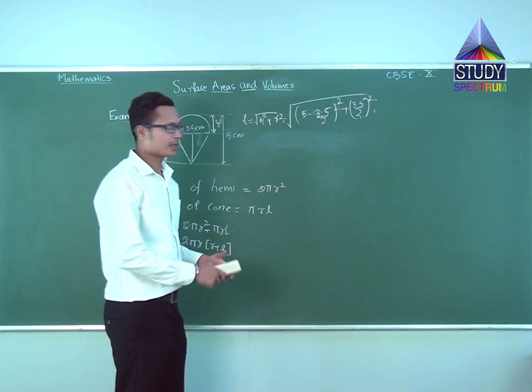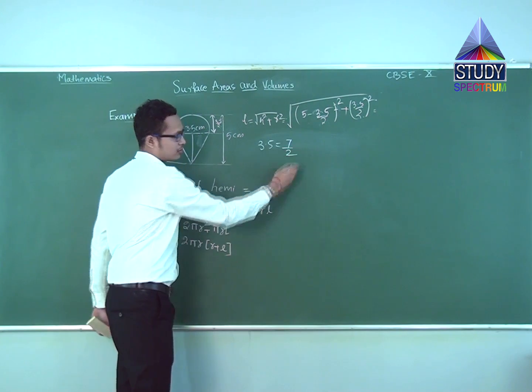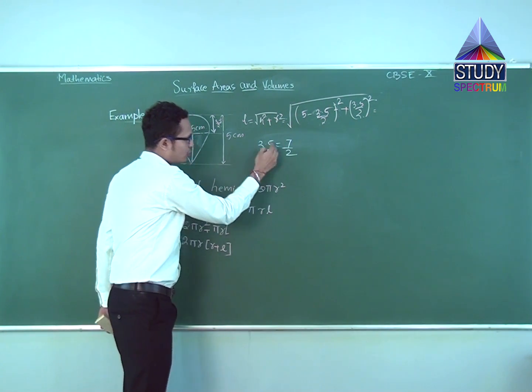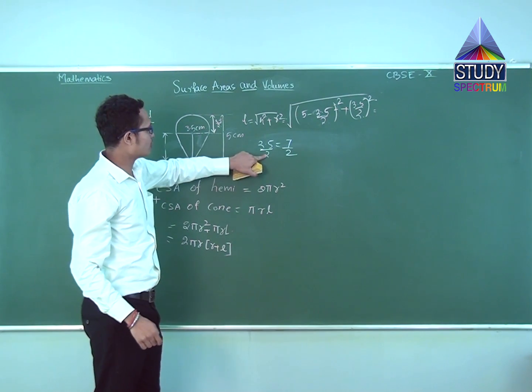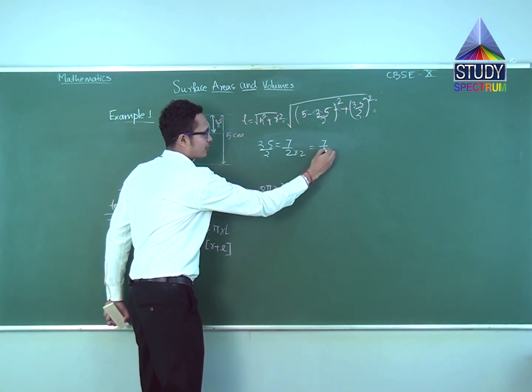3.5 can be written as 7 upon 2. Now we have 2 in the denominator under 3.5, so we multiply by 2, which gives 7 by 4.